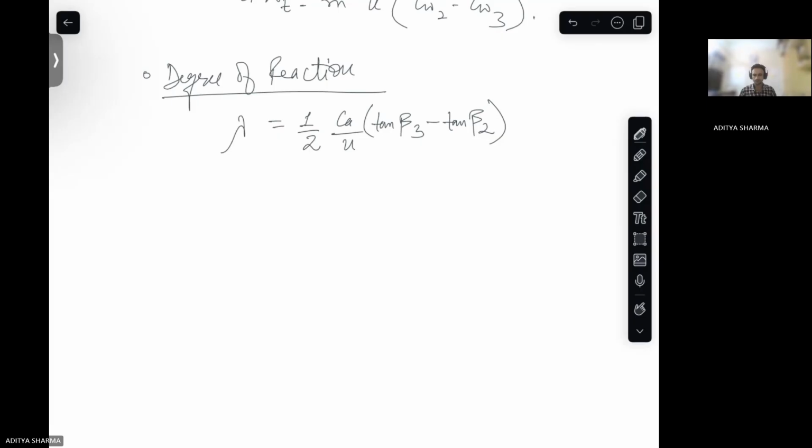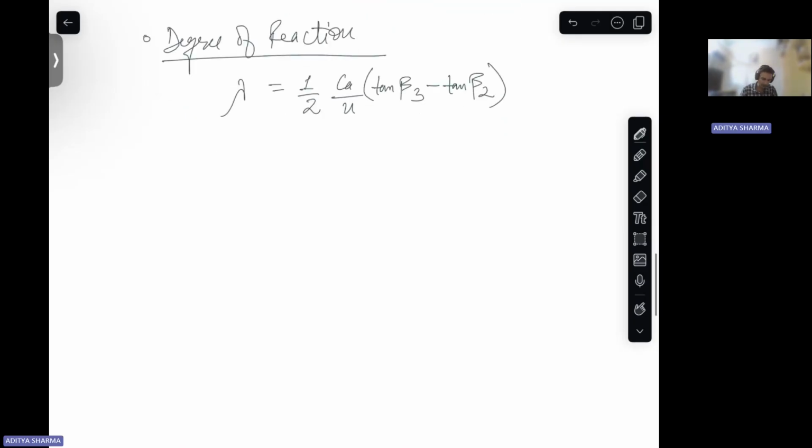Then if your degree of reaction is half, that is, half the enthalpy change is taking place in your nozzle and half in your rotor, as discussed in the lecture, then your beta 2 will be equal to alpha 3 and your alpha 2 will be equal to beta 3.